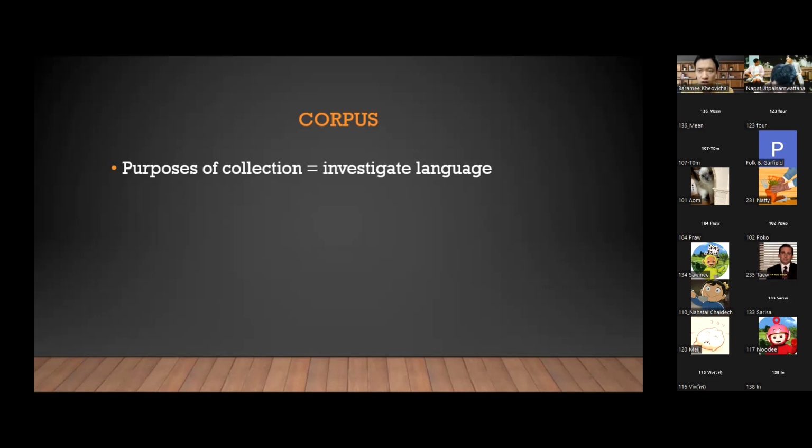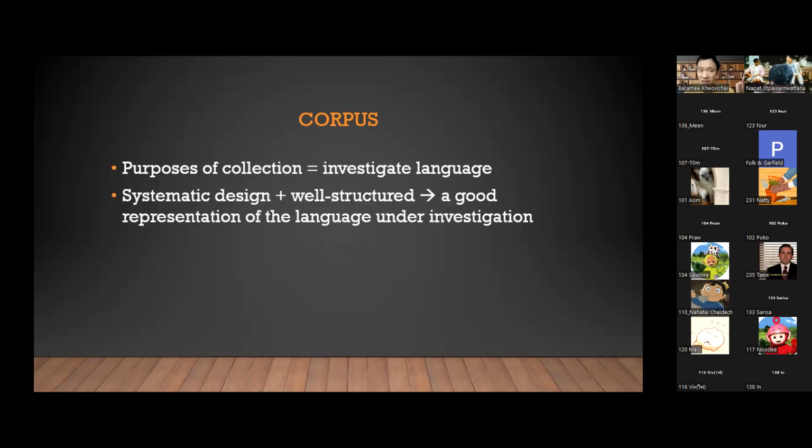But for corpus linguistics, we want to compile examples of language use, and the purpose is to investigate language. So we want to know how people use language in everyday life.